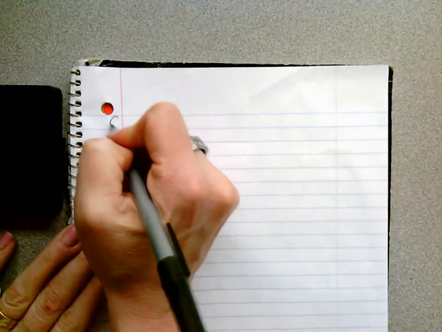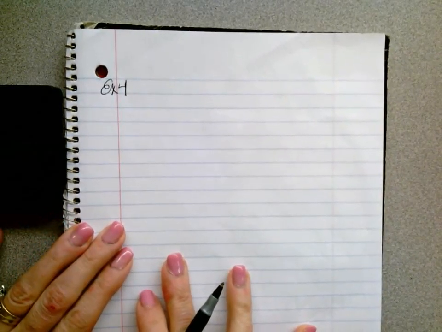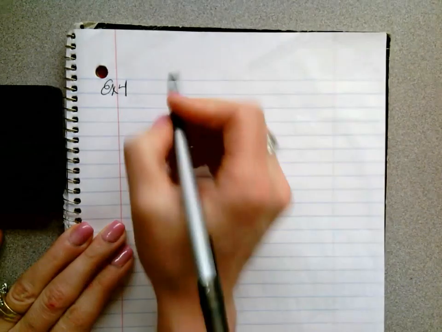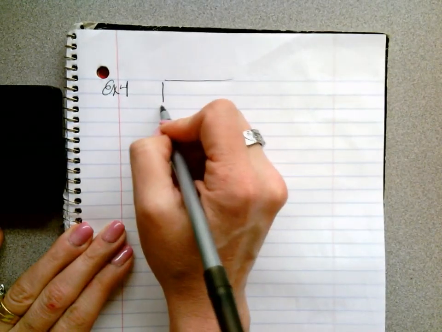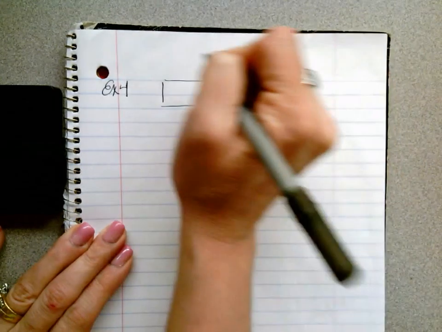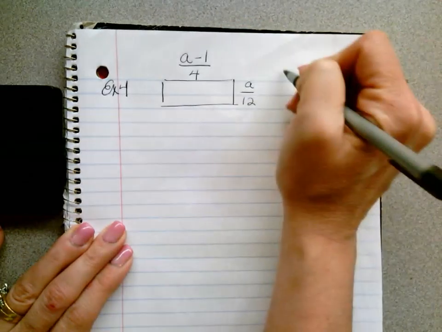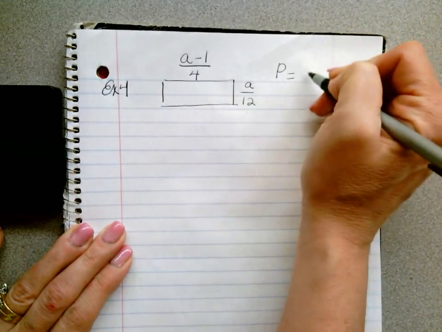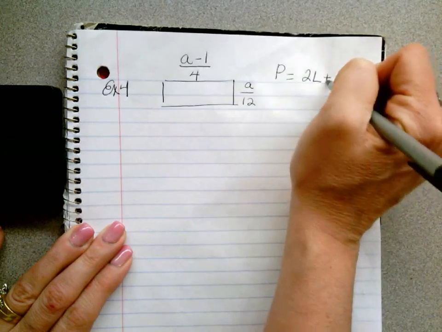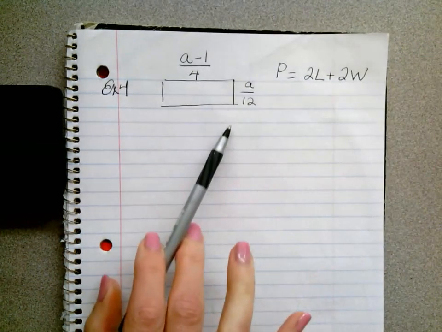Example 4. What if you are asked, my friends, to find the perimeter of the rectangle shown? Don't worry about the fact that it's weird looking variable business. You still know that perimeter is 2 of the lengths added to 2 of the widths, right? Perimeter is the sum of the sides.